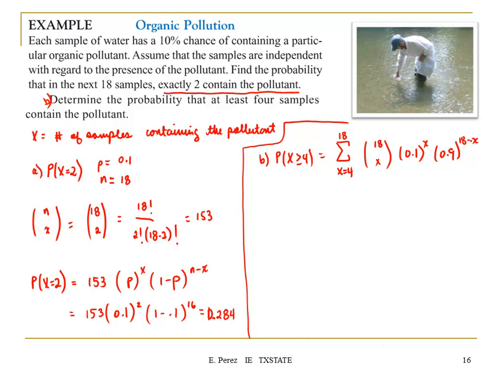That should give you the same answer. So you're going to look at 1 minus the probability of X being equal to 0, plus the probability of X being equal to 1, plus the probability of X being equal to 2, plus the probability of X being equal to 3. That should save you some time in terms of computation.